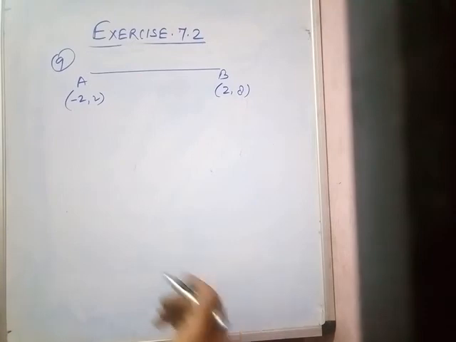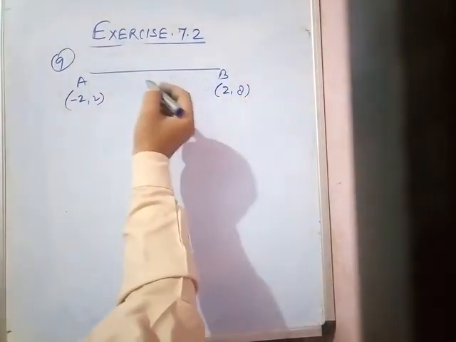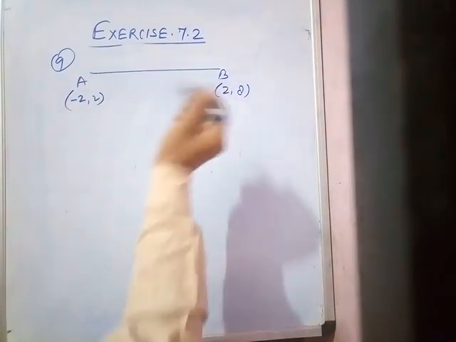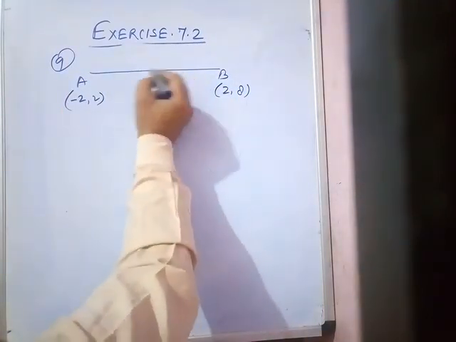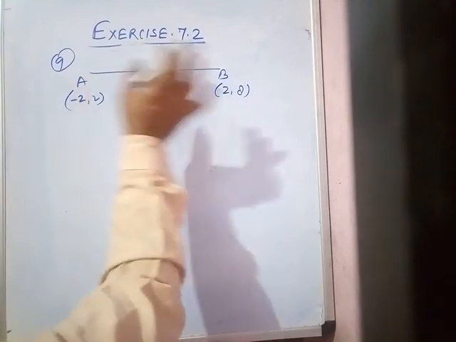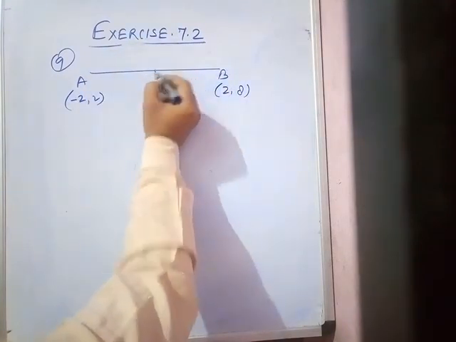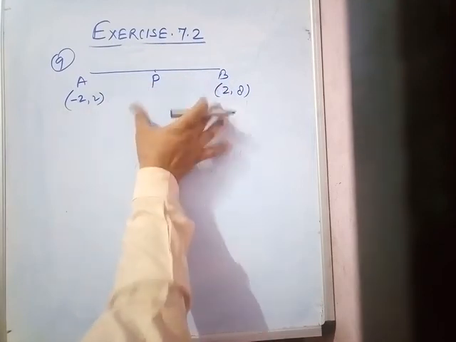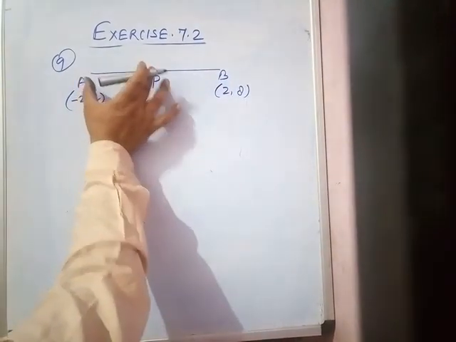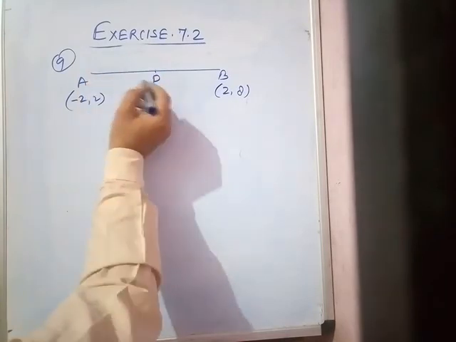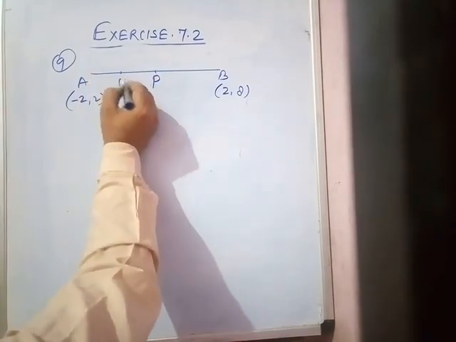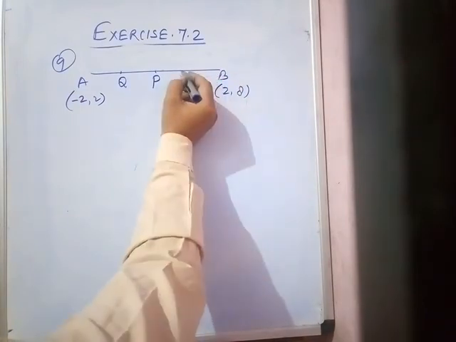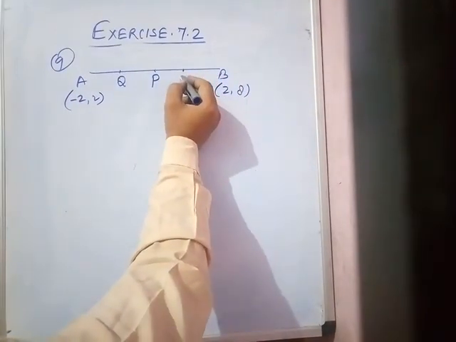4 equal parts means there are 3 points between A and B. 4 equal parts means half of this, then half of half. So let P be the midpoint of AB. Now Q is half of AP and R is half of BP.